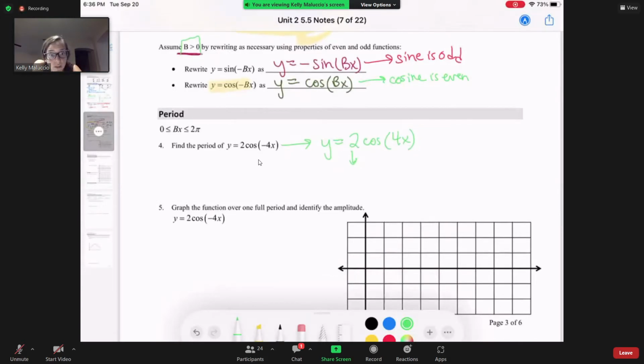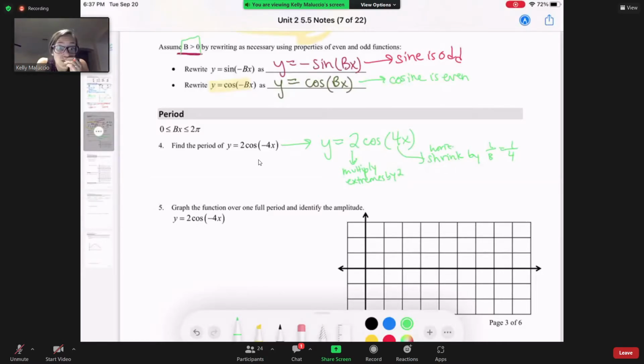So this 2 is going to multiply everything, so the extremes will be stretched by 2. But then this 4 inside is a horizontal shrink by 1/4, right? Because 1/b equals 1/4.